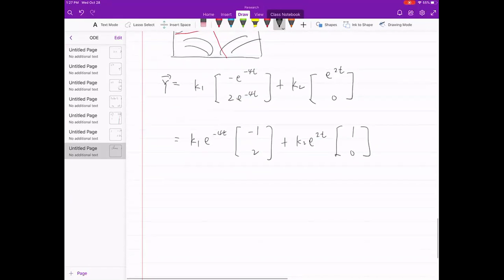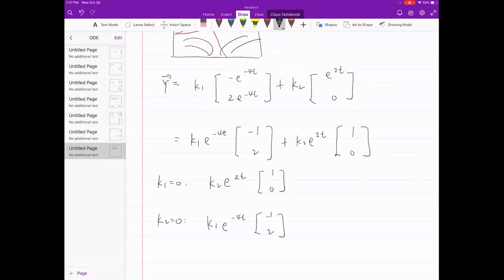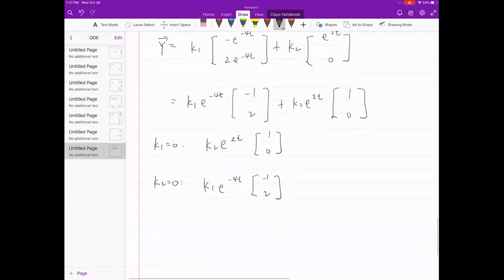Now, if you take K1 equal to 0, or you take K2 equal to 0, you do have two special solutions. The first one looks like this. It works for any K1, K2 you pick. Of course, you pick one of them to be 0. It's still a solution, right?